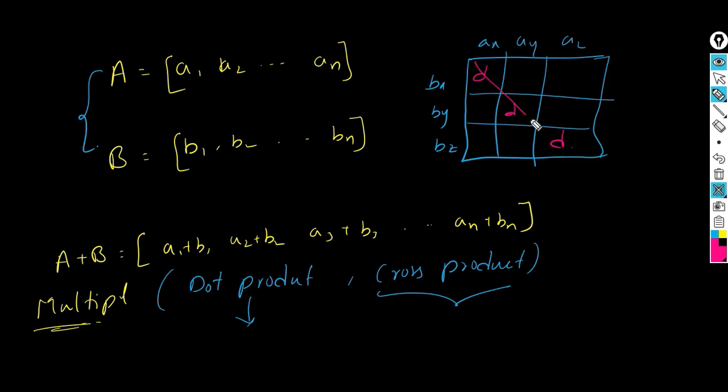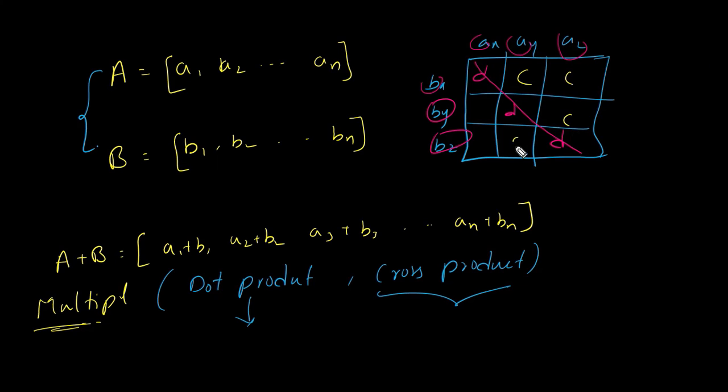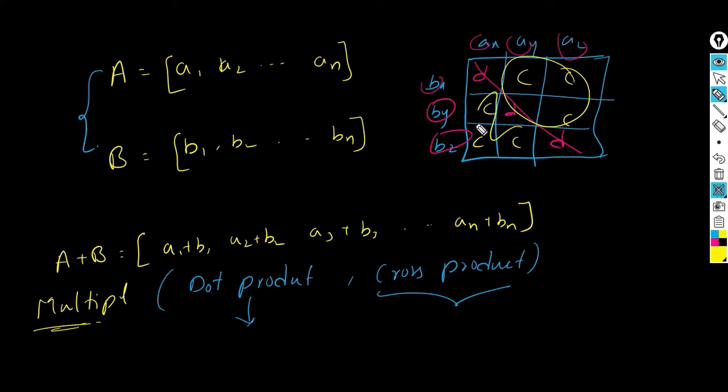This dot product is the similarity values between Bx, Ax, and By, Ay, and Bz, Az. This is the dot product value. The cross product values, we will get these values, like Bx, Bz, Ax, like that we will get.